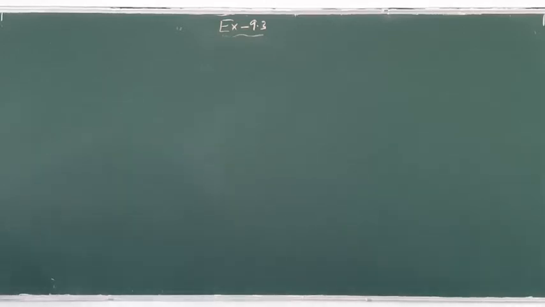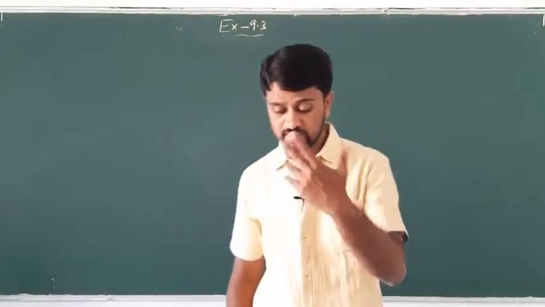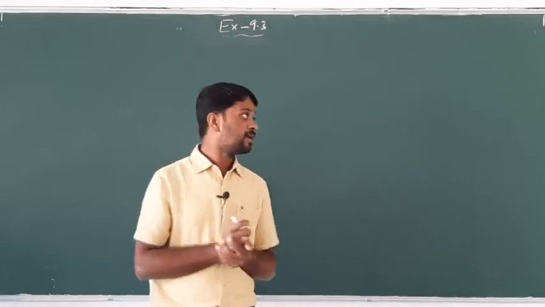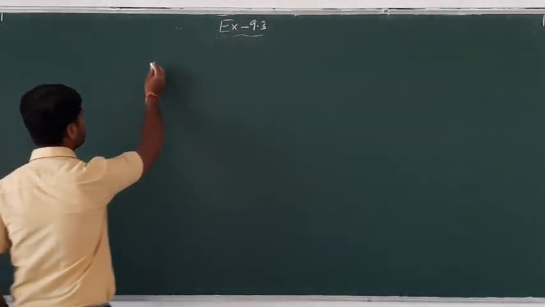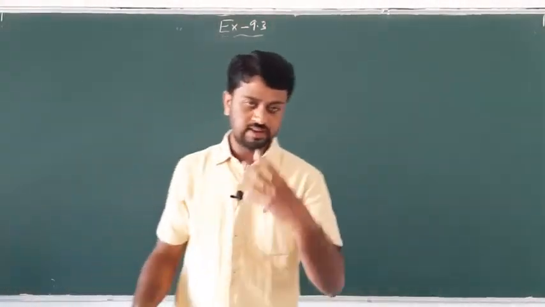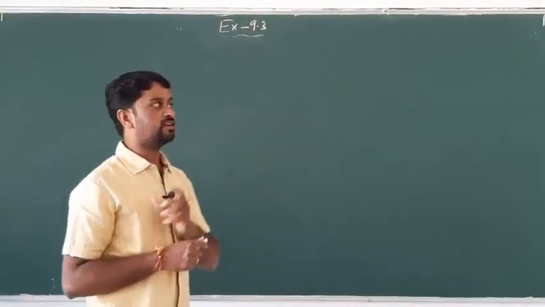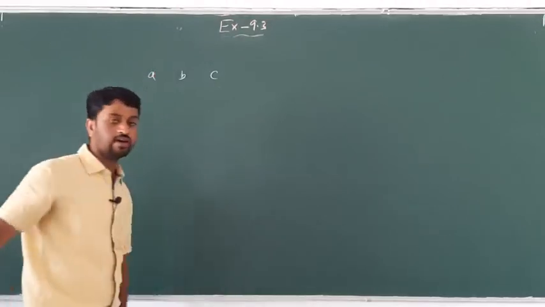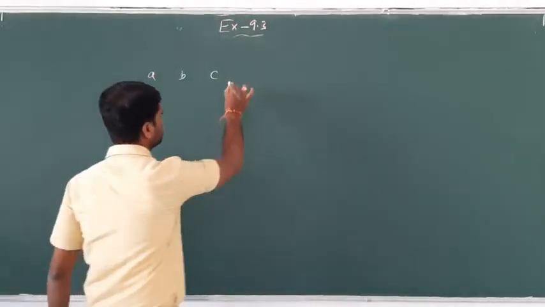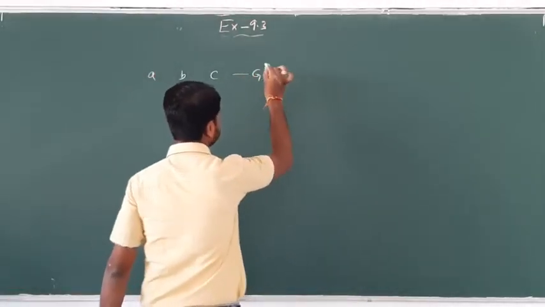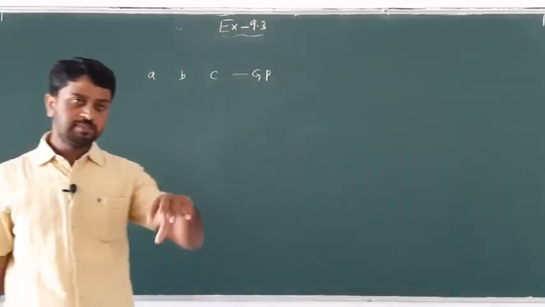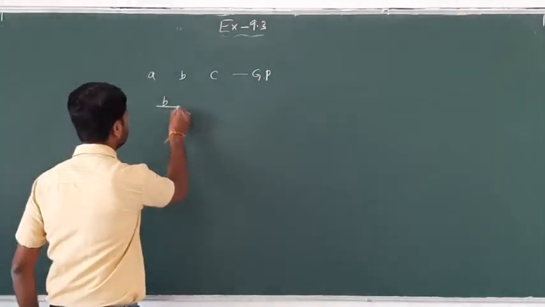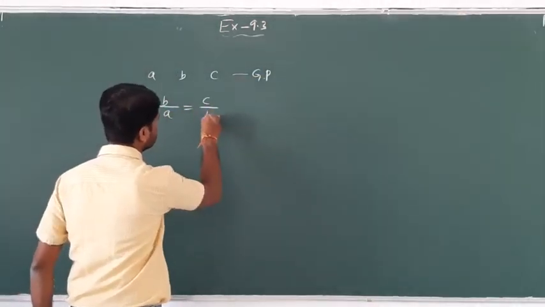Before we start question number 24, 25, 26, a wonderful concept is there. Listen carefully. If a, b, c are in GP, first I will explain the concept. In GP the common ratios are equal, so b by a is equal to c divided by b.